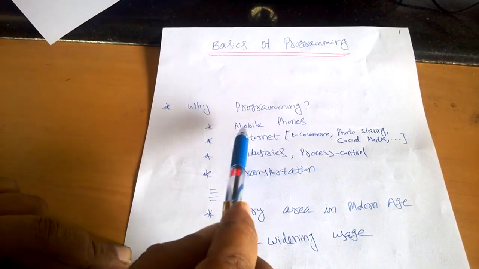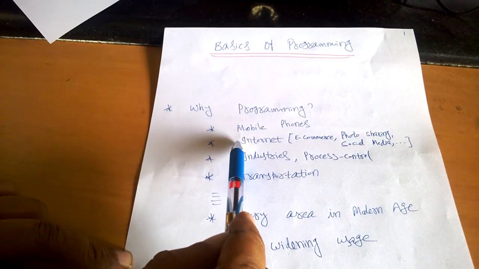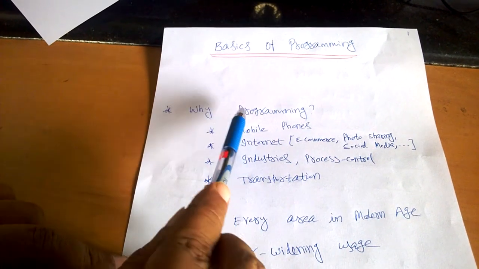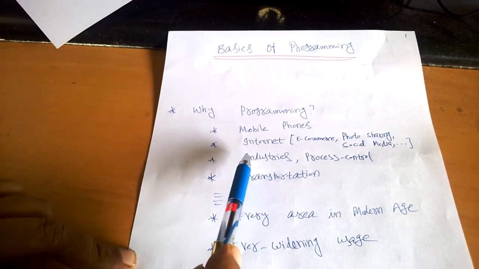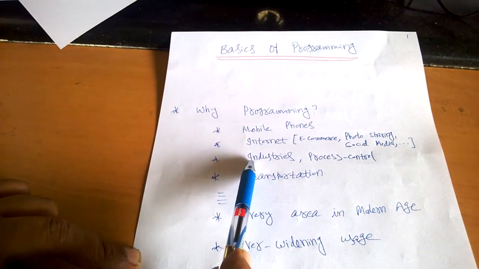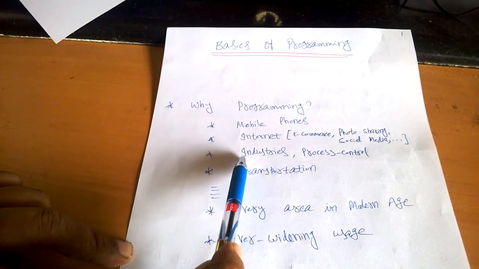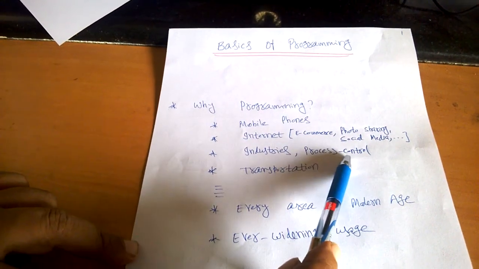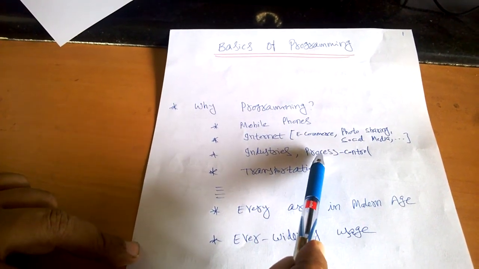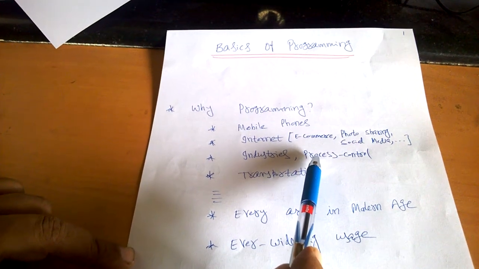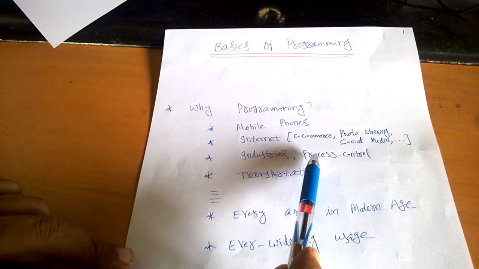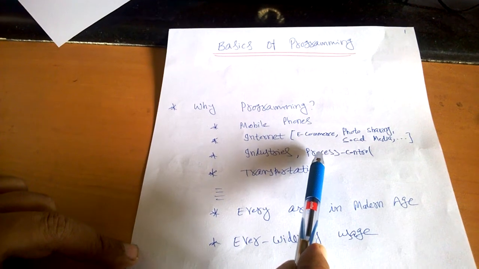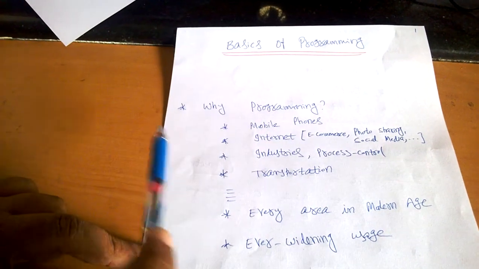So most of the internet is programming. Programming is also a key aspect in industries and in process control. By process control, we mean controlling a process which controls an instrument, such as a satellite or a blast furnace, and so on.